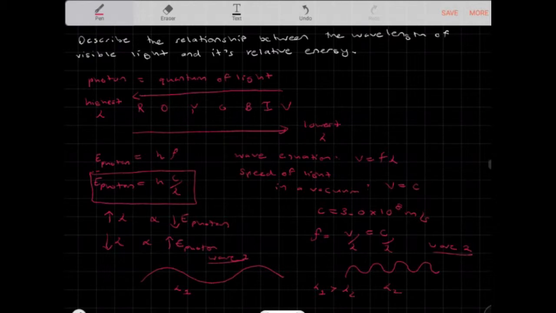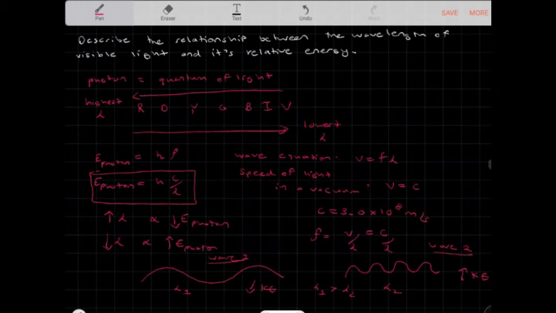As a result, we can see that wave 1 is a slower moving wave than wave 2, so wave 2 actually has a higher kinetic energy. As a result, the energy of the photon is higher, and wave 1 has a lower kinetic energy, right?